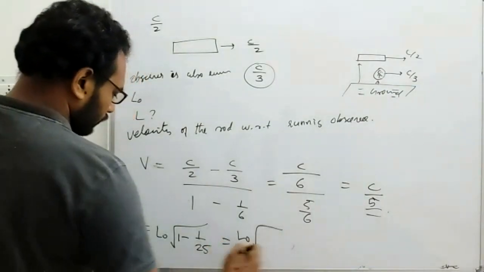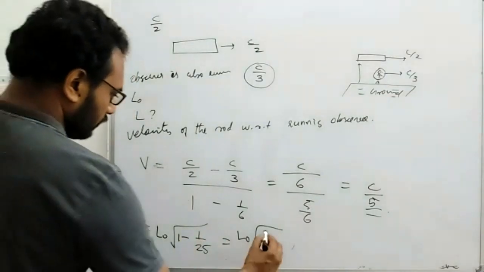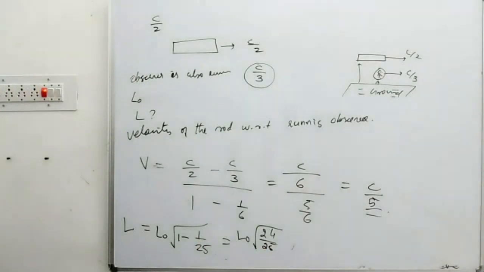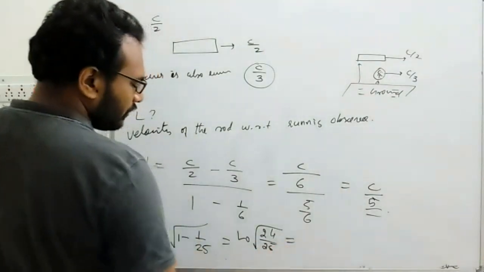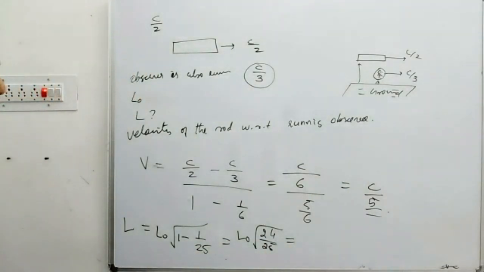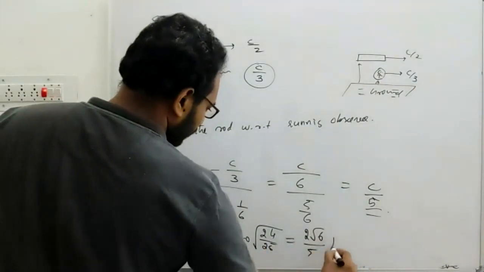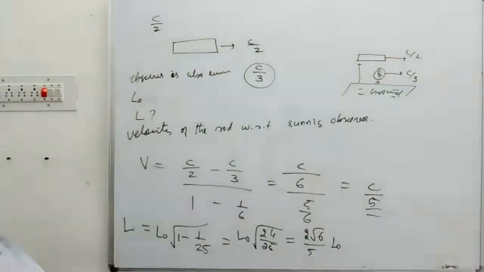L0 square root of 25 minus 1 is 24 by 25. 24 we can write as 6 multiplied by 4, so 6 will remain inside the square root. So it is 2 root 6 divided by 5 L0. That would be the final answer.